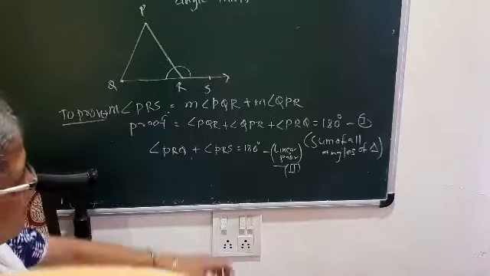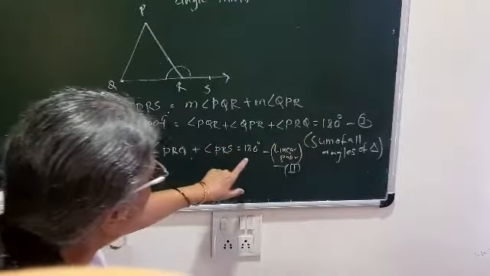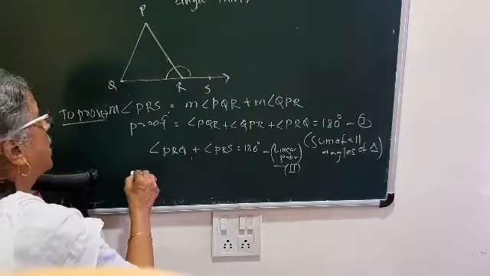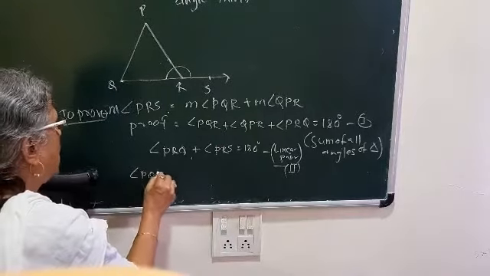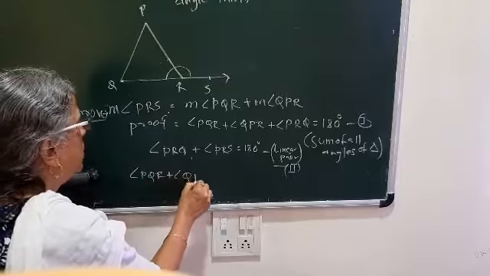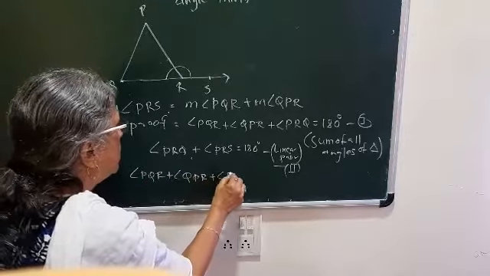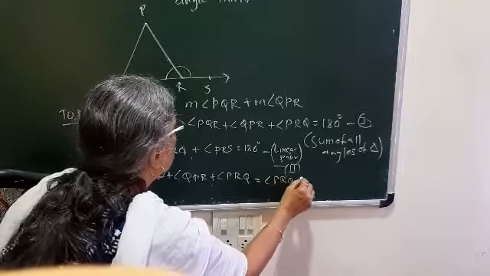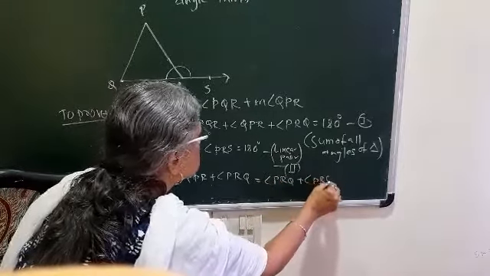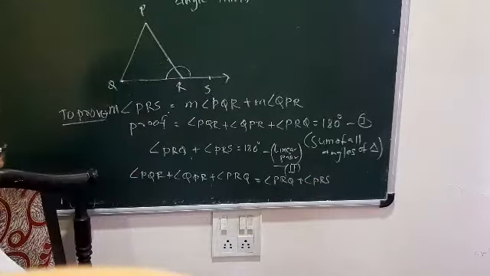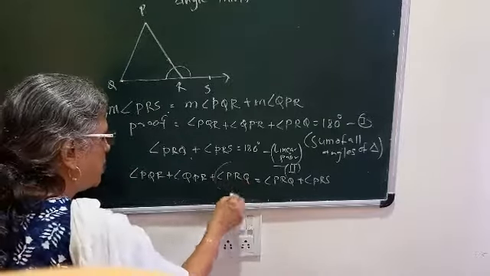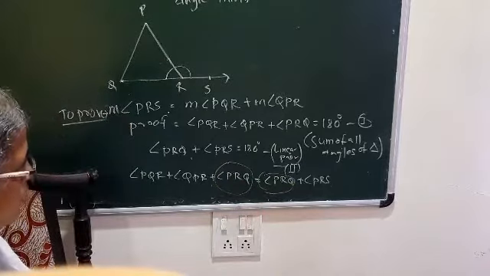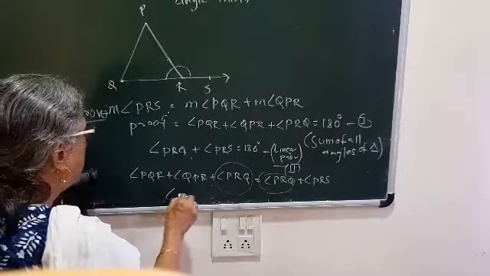So if we have 180 degrees on the right hand side in both, we can equate the left hand side with the left hand side. So we can have angle PQR plus angle QPR plus angle PRQ equal to angle PRQ plus angle PRS. Which is the common angle in this? Angle PRQ is the common angle. So eliminating this angle PRQ on both sides, we will have angle PQR.